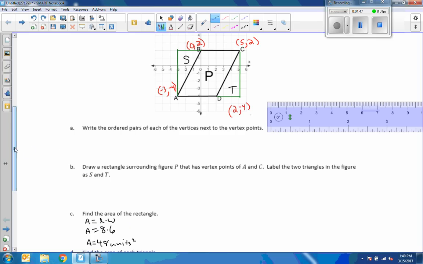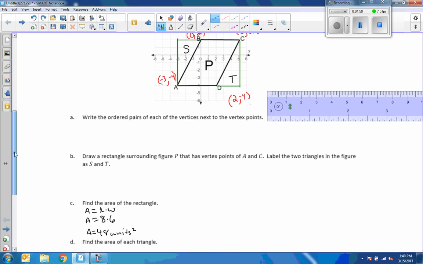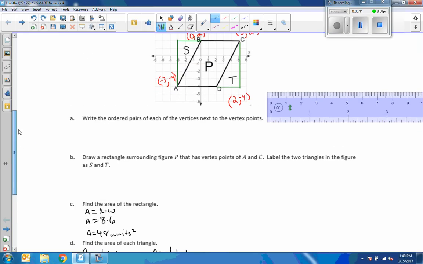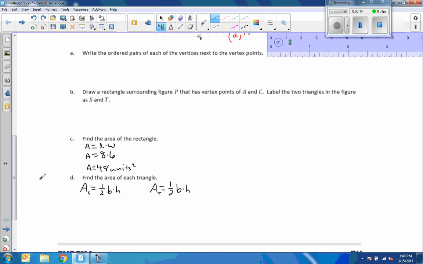Okay? Part D, find the area of each triangle. Area of a triangle is 1/2 the base times the height. So I'm going to write this formula twice because we're doing two triangles. This will be area of triangle S. This will be area of triangle T. I use a subscript letter so we can recognize which is which. So the area of triangle S equals 1/2.